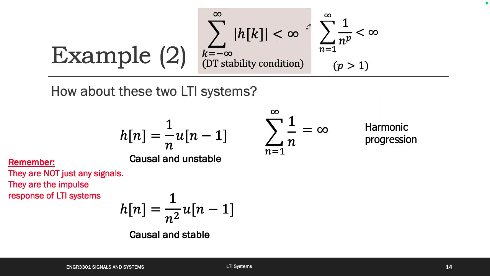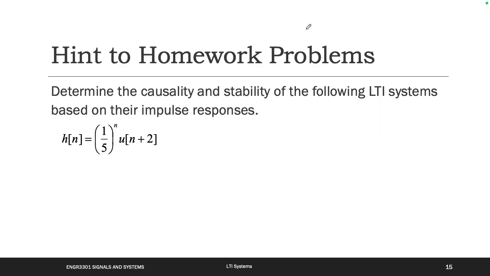Okay, we will go through these problems next week, next class. So we just talked about how to tell whether an LTI system is causal or not causal, stable or not stable. Any questions so far? Okay, that's great. Let's continue next class.